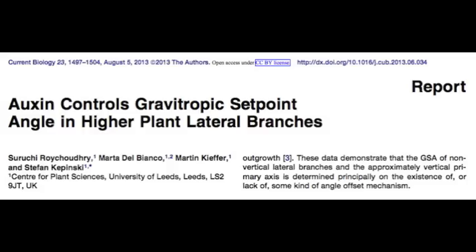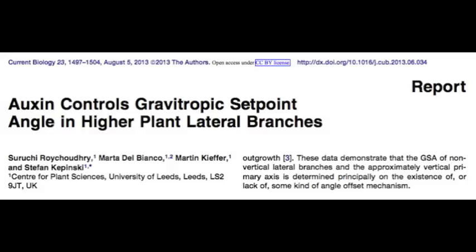So the paper is mostly about environmental regulation, but the first thing we did was to look at the thing I just mentioned, which is a lateral root emerges at a very horizontal angle and then it becomes more vertical as it grows out. And crucially, going back to the concept of GSA, at any point in that time when it's growing out, you could reorientate it and it would come back to where it was.